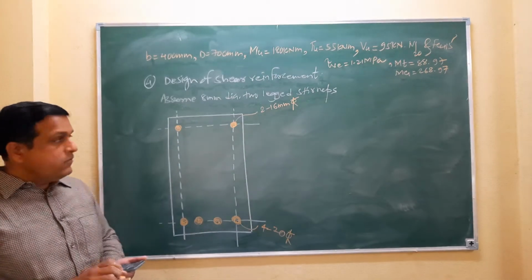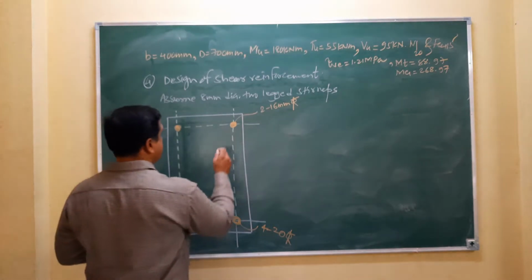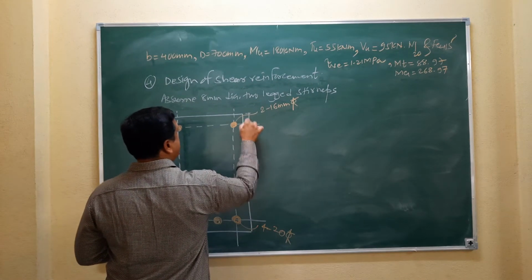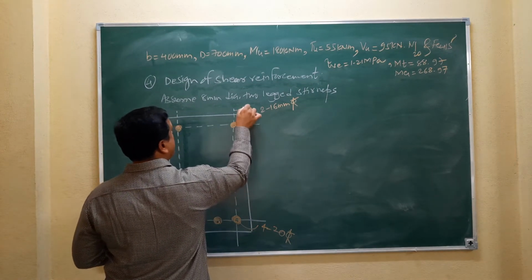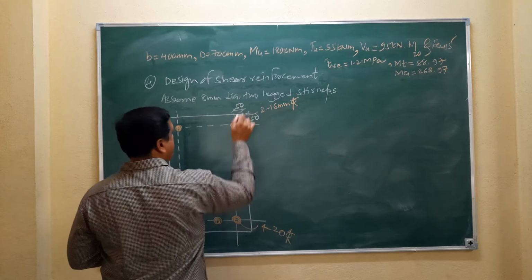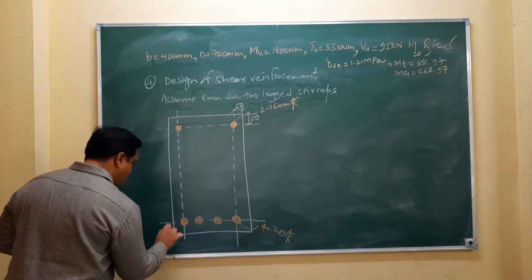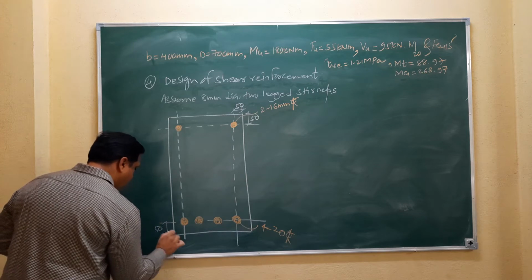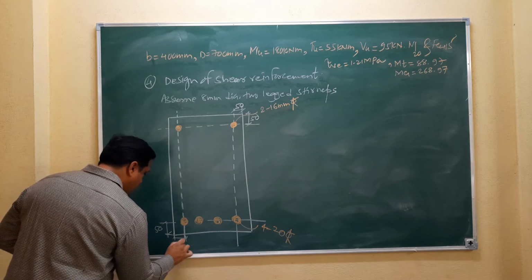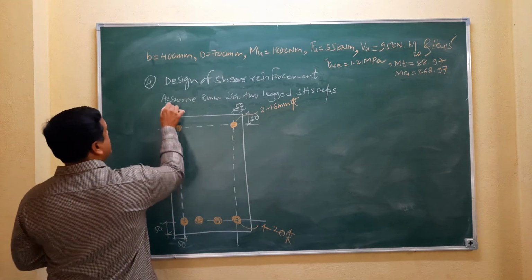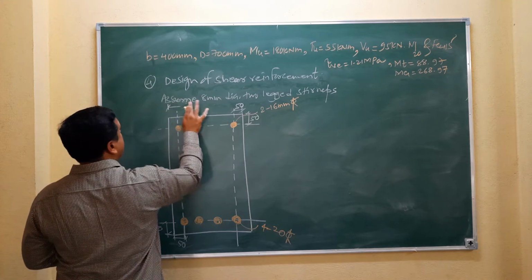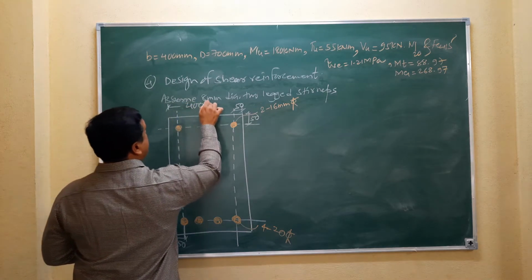Now what is the b1, d1? The effective cover is 50 mm on both sides, like this. The width of this beam is 400 mm.